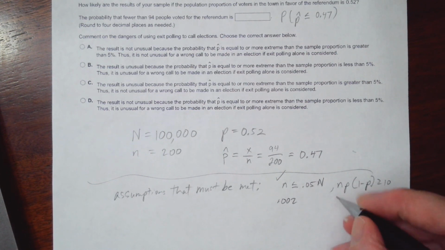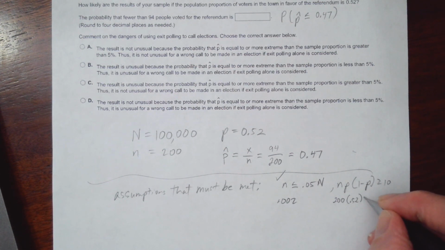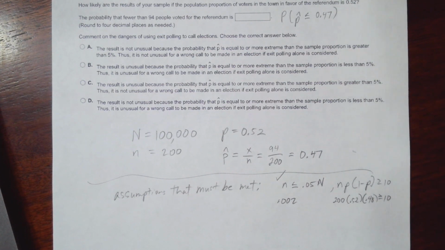And then if we plug in here, which is 200, times p, which is 0.52, times 1 minus 0.52, which would be 0.48, we want that to be greater than or equal to 10.